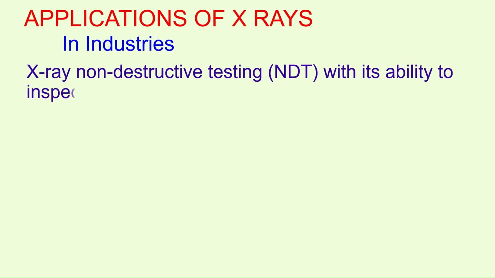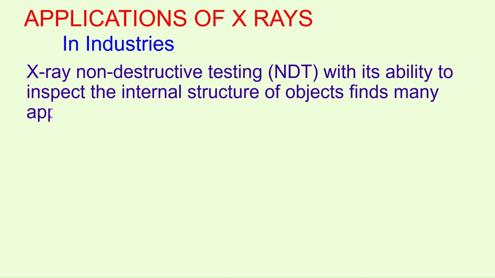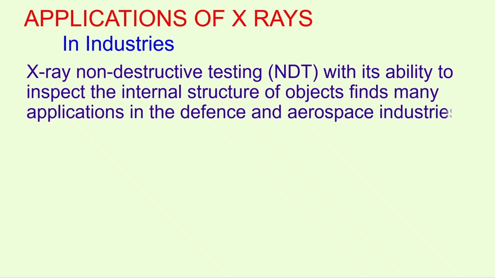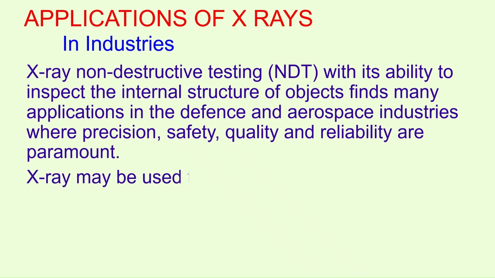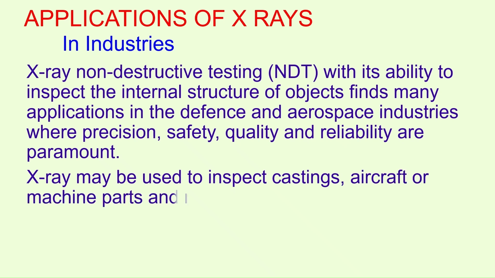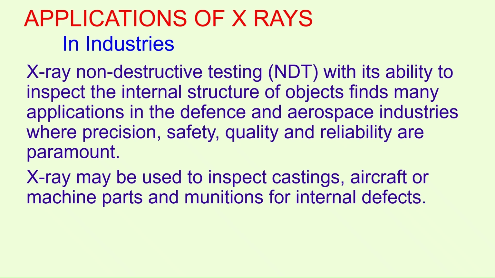X-ray non-destructive testing, with its ability to inspect the internal structure of objects, finds many applications in the defense and aerospace industries where precision, safety, quality, and reliability are paramount. X-rays may be used to inspect castings, aircraft or machine parts and munitions for internal defects.